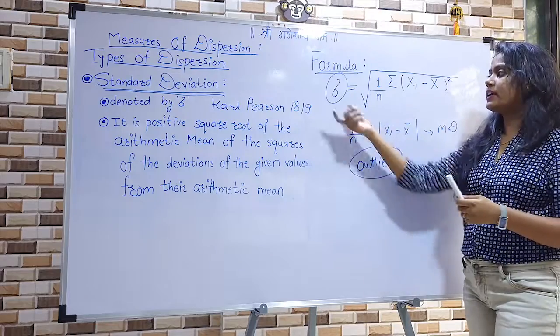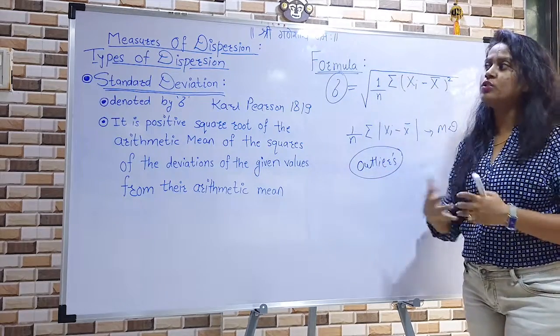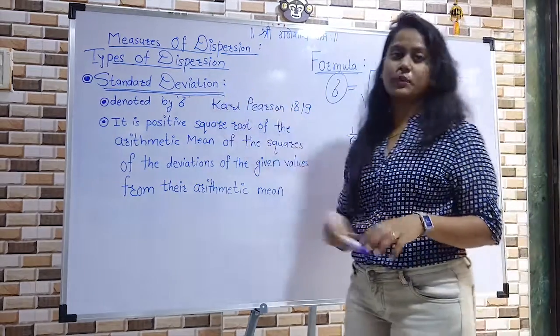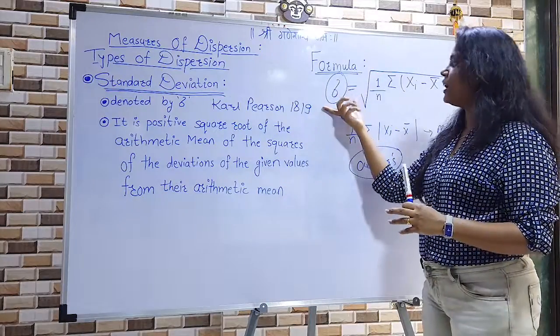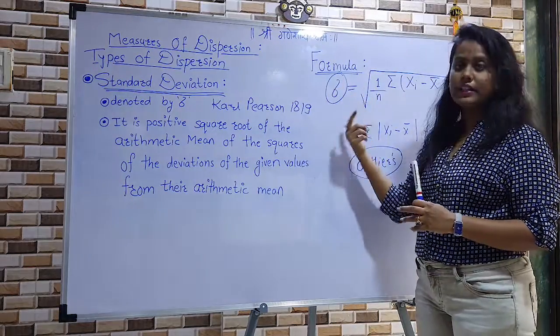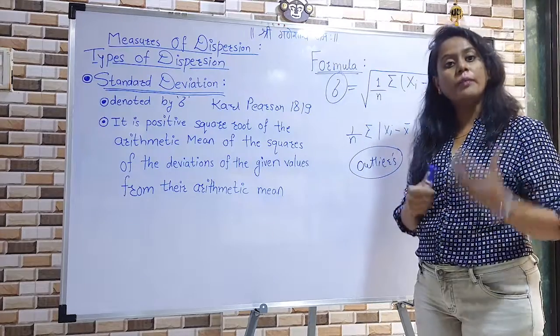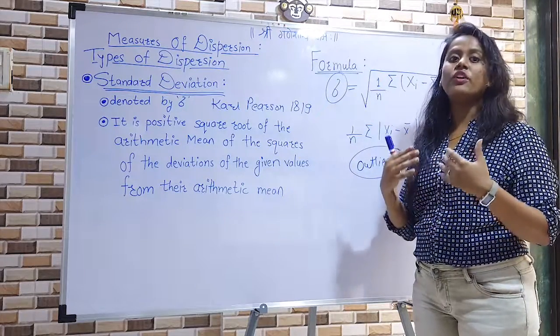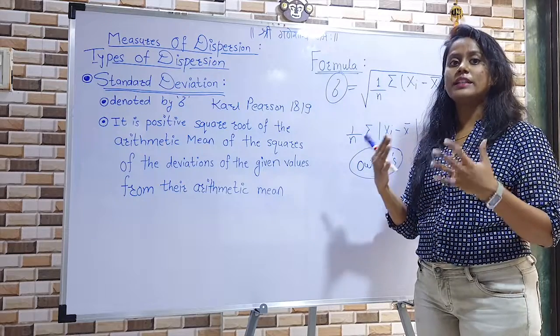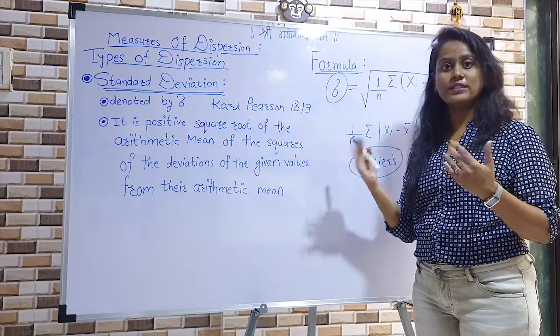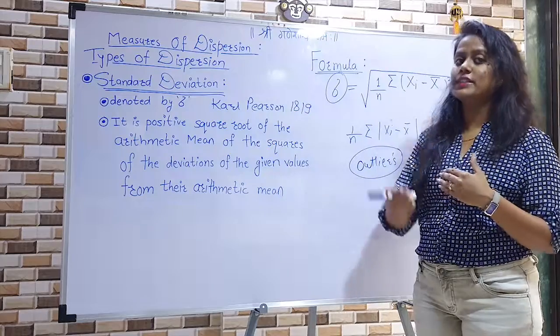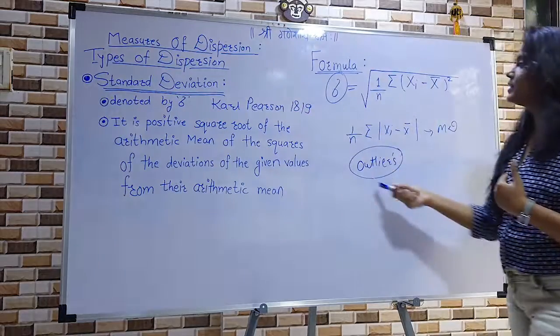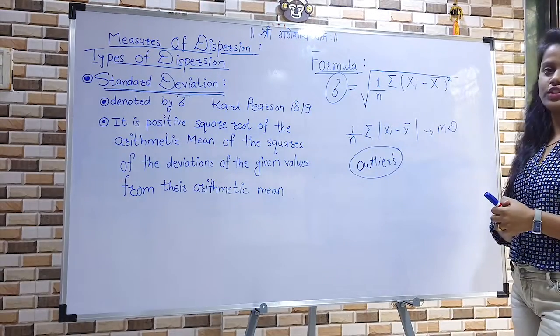So the ultimate conclusion about the types of dispersion is that if the value of the measure of dispersion is lesser, then the degree of scatteredness is also less, or homogeneity is more, right? So this is how the standard deviation works.